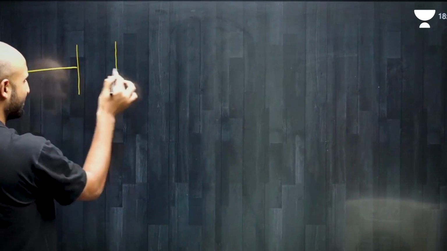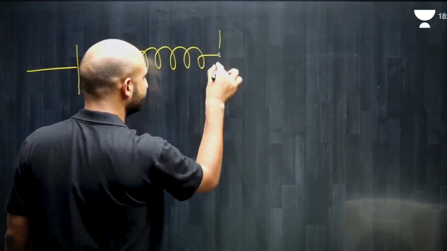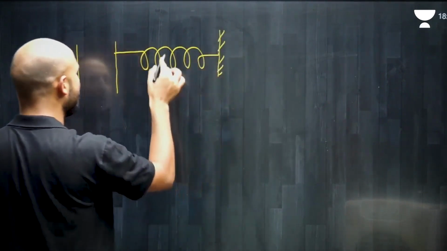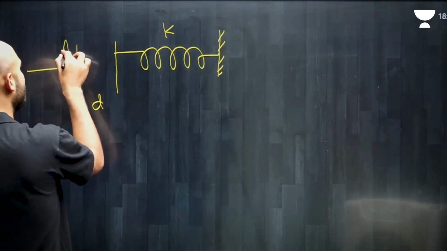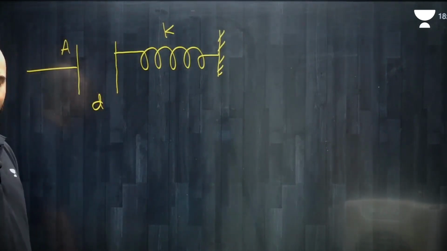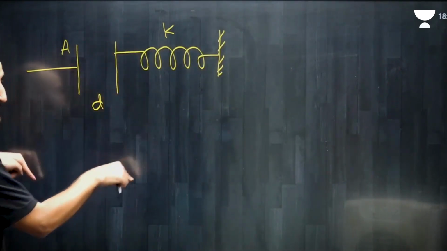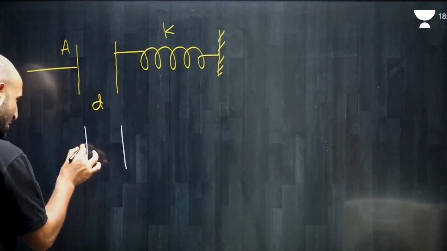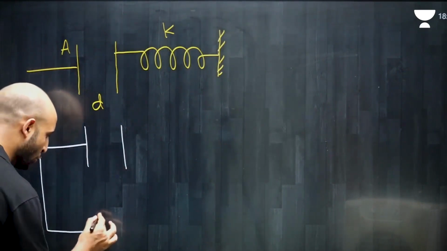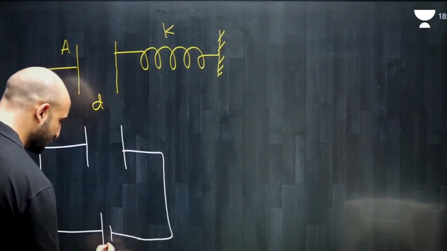I have a capacitor here, connected with a spring whose spring constant is K. Distance between the plates is D. Area of the plates is A. Now you connect a battery to this capacitor like this, a battery whose potential is V.